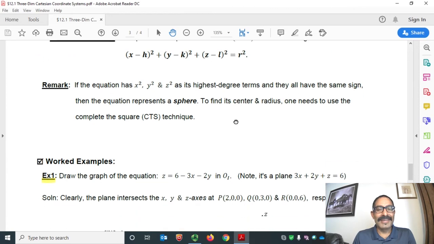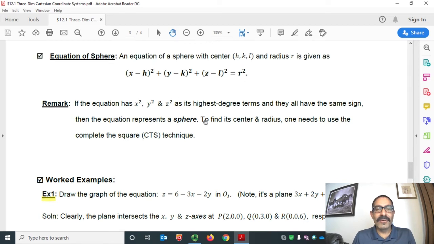Last remark: if the equation has x squared, y squared and z squared as its highest degree terms, that means second degree, and they all have the same sign, then the equation represents a sphere. To find its center and radius, one needs to use the completing the square technique.